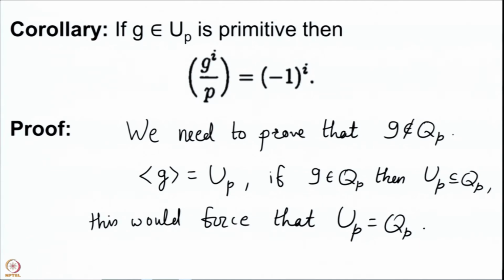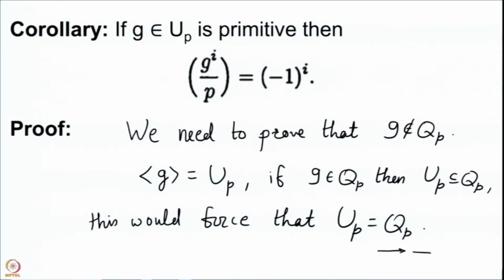But this is a contradiction by the computation of the order of Q_P that we have seen earlier. We have seen that whenever we have a primitive element, there are exactly 2 square roots of 1, namely 1 and minus 1. We are taking P to be an odd prime, so 1 and minus 1 are distinct elements modulo P. So, 1 and minus 1 are 2 square roots of 1, therefore, the map which sends every element to its square, the homomorphism that we saw in the last lecture, has a non-trivial kernel of cardinality 2 and therefore, by looking at the cardinalities we get a contradiction.